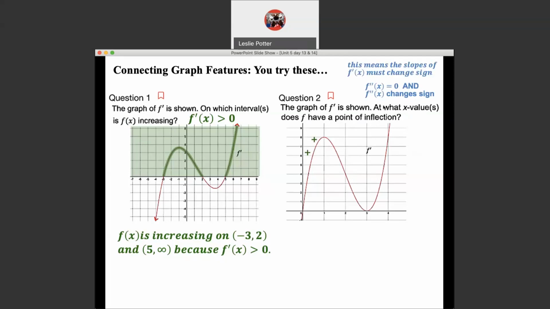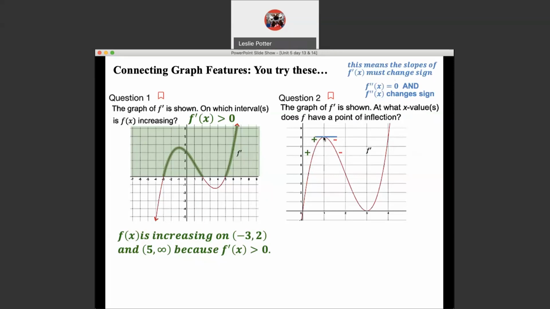So we know that points of inflection are extreme values of the first derivative. This means we're looking for mins and maxes of the first derivative. It means we're looking for where the slopes change from positive to negative and negative to positive. So here the slopes are positive, and here the slopes are negative.